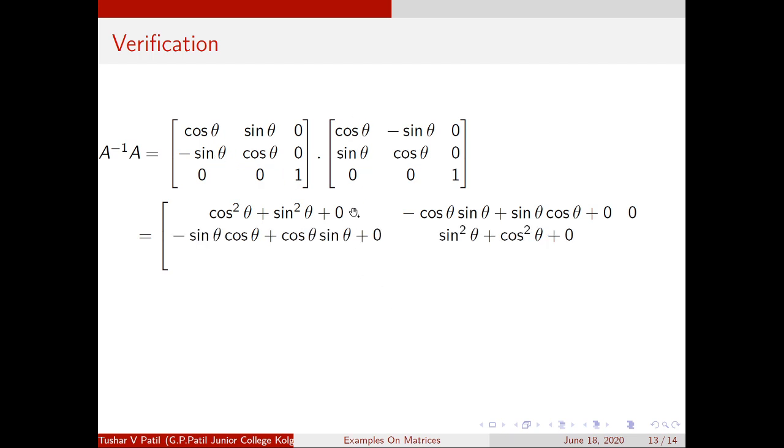Second row, first column, second row, second column, second row, third column 0. Third row, first column 0, third row, second column 0, and third row, third column 1. And this is equivalent to the identity matrix. This verifies the inverse of the matrix.